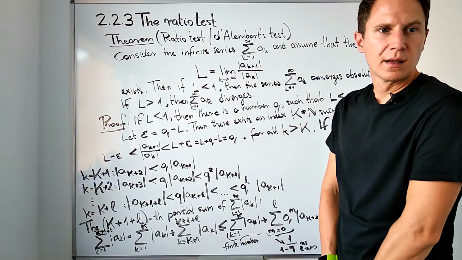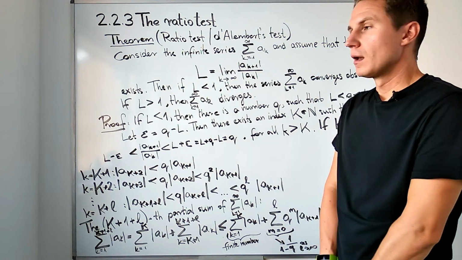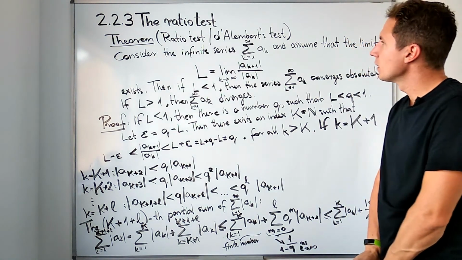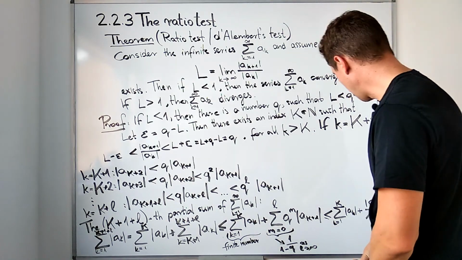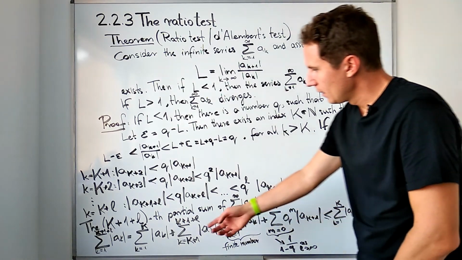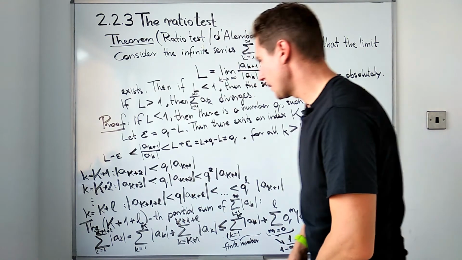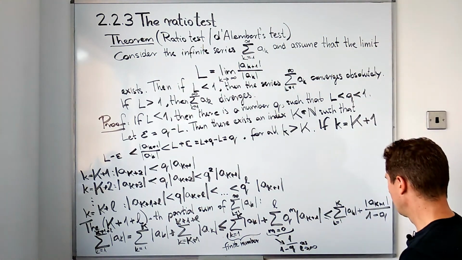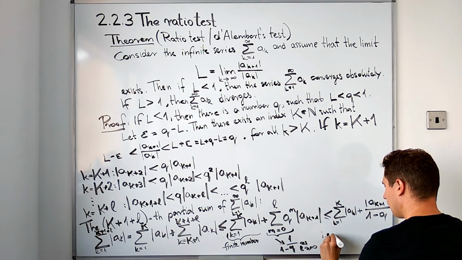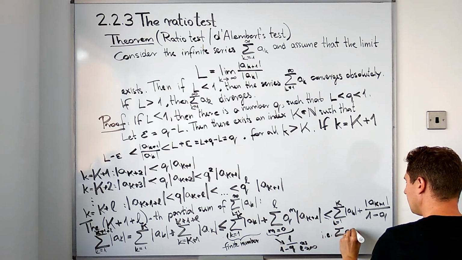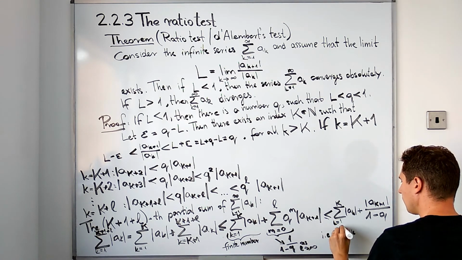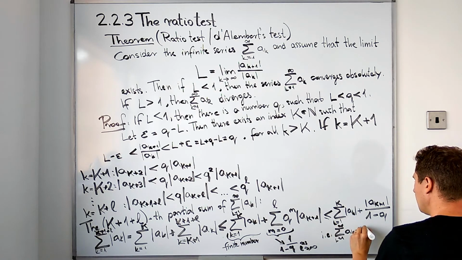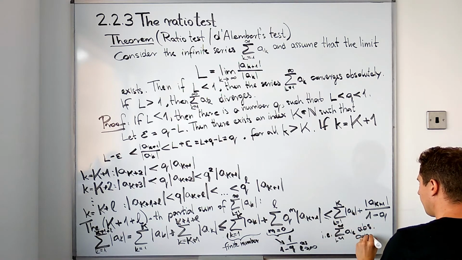So again, by either the comparison test or the monotone convergence theorem, we have a convergent sequence of partial sums of absolute values, meaning that this original series is absolutely convergent. And this concludes our proof.